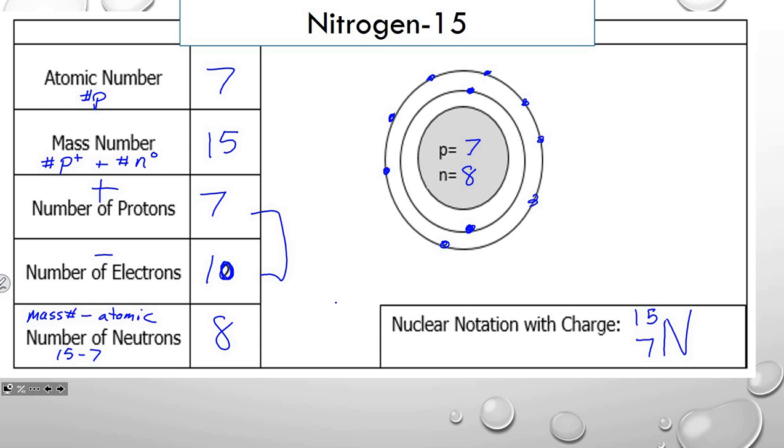What's my overall charge going to be? -3, good. So we put that in. That's the total nuclear charge, or notation with charge. So you've got 3 of these to do on that very last page of your chart. Okay? So I wanted to make sure I went through one of these with you so it would be easier for you to do. But that is a complete one.